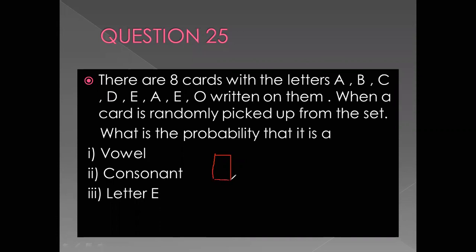So in one of the cards it is A. In second card it is B. Then in third card it is C, D, E, A, E, O. Like that letters are written on the cards. And the card is randomly picked up from the set. What is the probability that it is a vowel, consonant and letter E? That is what we have to find.